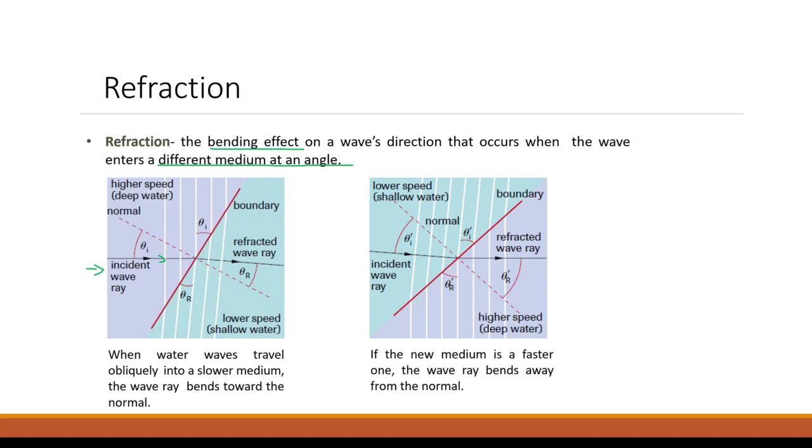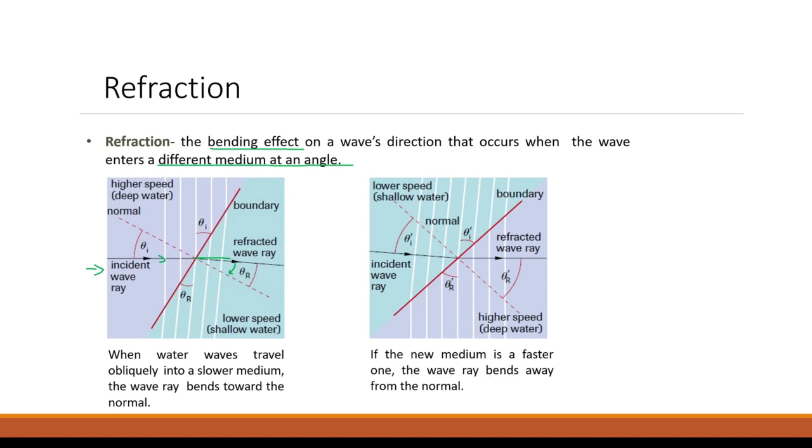And so we have this normal, right? Perpendicular to the point of contact. Here's the point of contact directly up. And instead of going like this, it's slightly down and coming toward this normal more. And so if the new medium is a faster one, the wave ray is going to bend away from the normal.